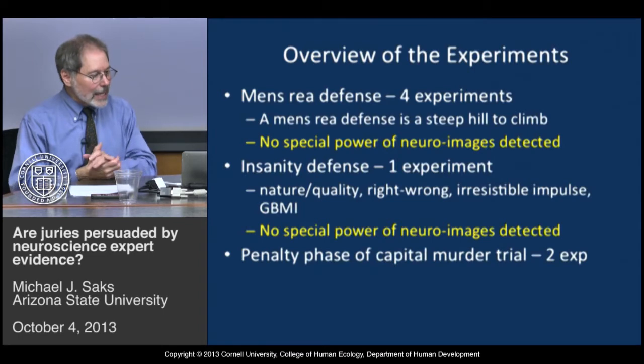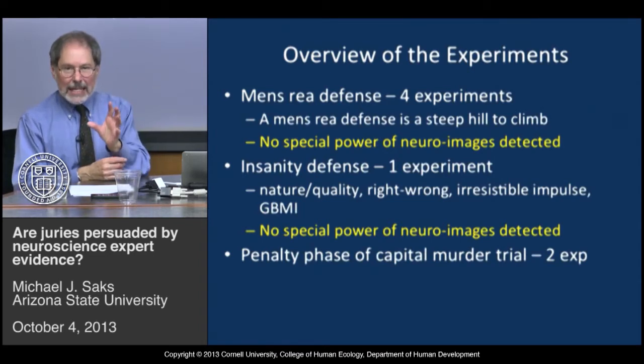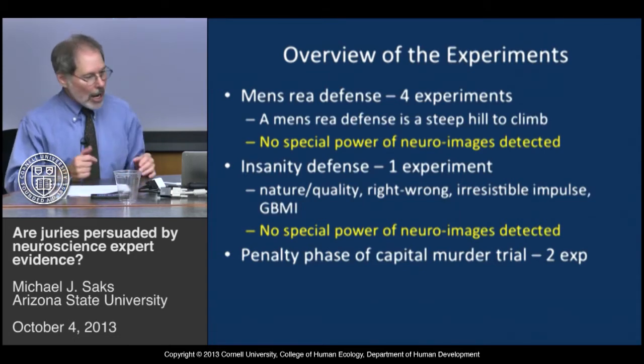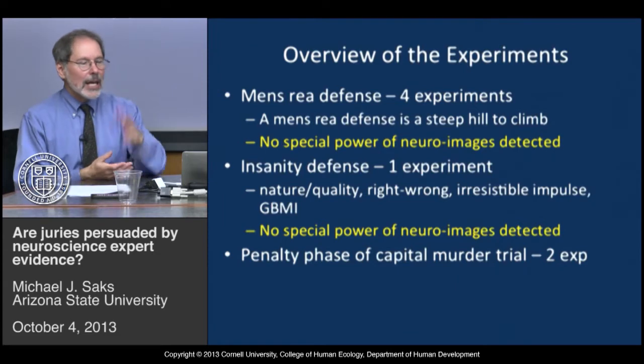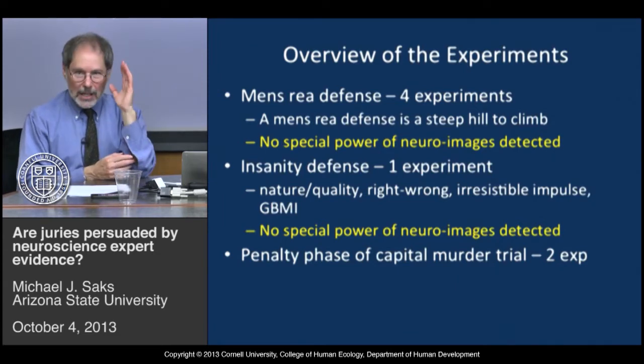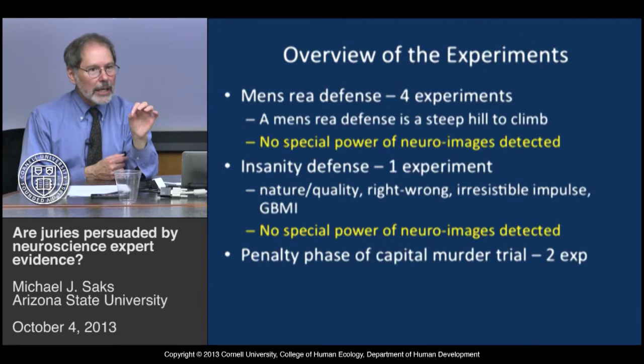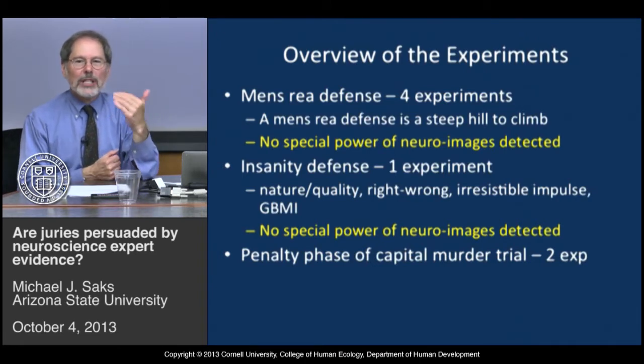And finally, we move to the penalty phase of a capital trial. And what's happening here is a person has already been found guilty of murder, and it's capital murder, meaning your killing is under circumstances which make you eligible for the death penalty.